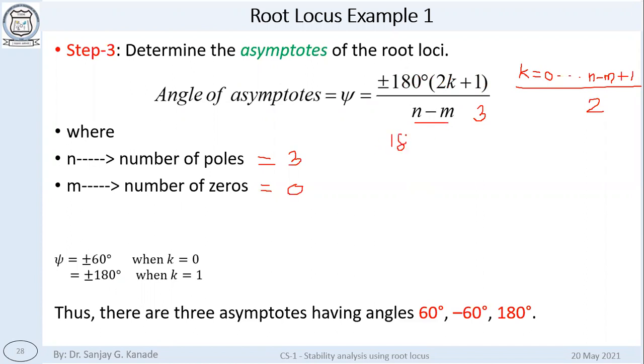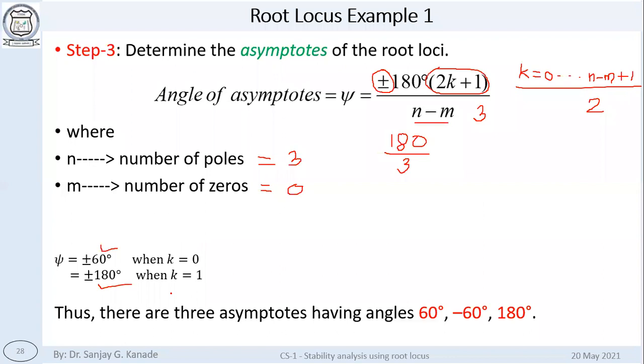That value is 60, and the sign is plus minus, meaning plus minus 60 degrees. When you substitute k equal to 1, 2k plus 1 is 3, so you will get 180 degrees, plus minus 180 degrees.